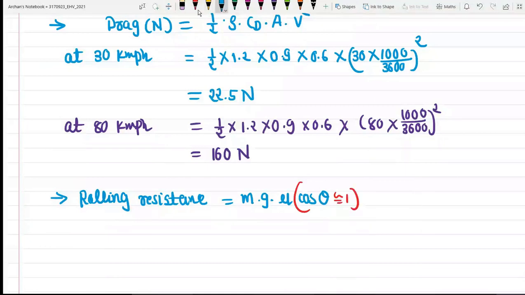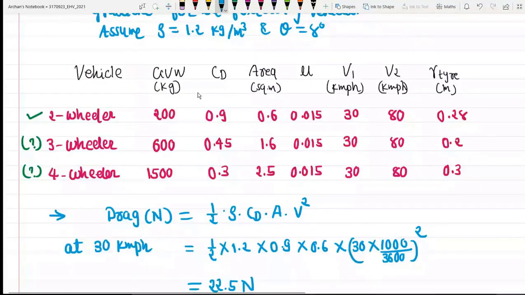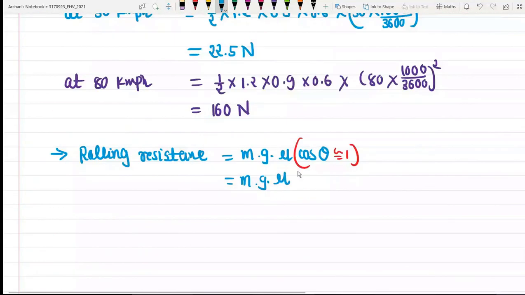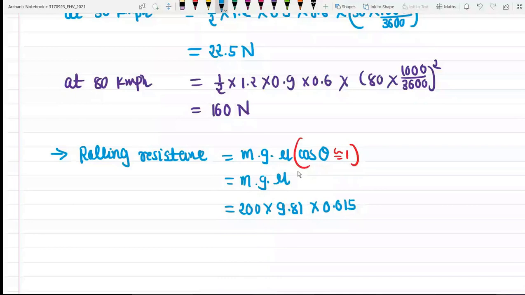Now m is the gross vehicle weight. For the two-wheeler it is given to you as 200, and g is gravitational acceleration, 9.81. So 200 into 9.81 into mu, which is given as 0.015, turns out to be 29.43 Newton, right? This is the rolling resistance at velocity v1, 30 kilometer per hour.